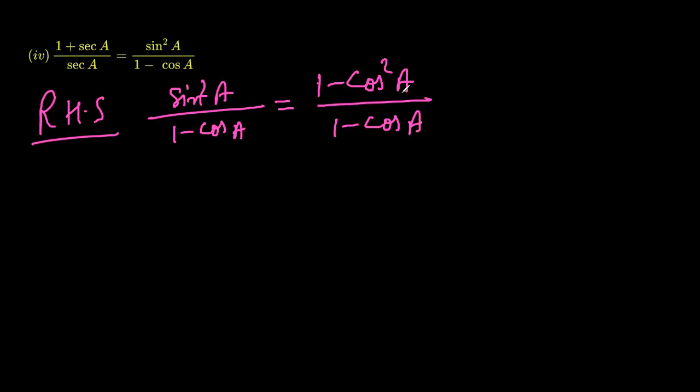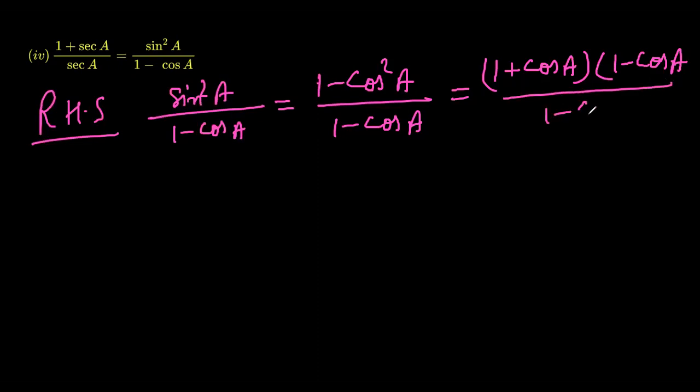Now 1 minus cos squared a means (1 plus cos a)(1 minus cos a). Can we write it? This is equal to a squared minus b squared, which can be written as 1 plus cos a divided by 1 into 1 minus cos a divided by... yes, and now 1 minus cos a should be cancelled.